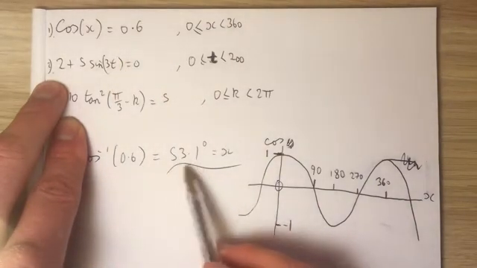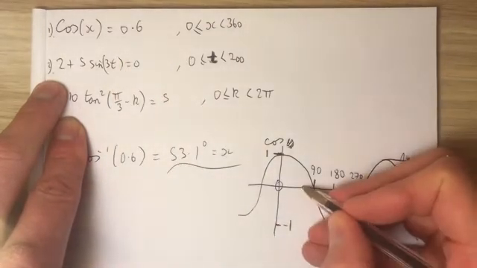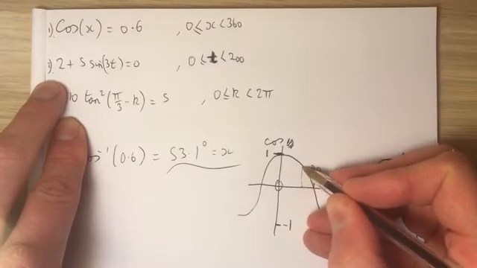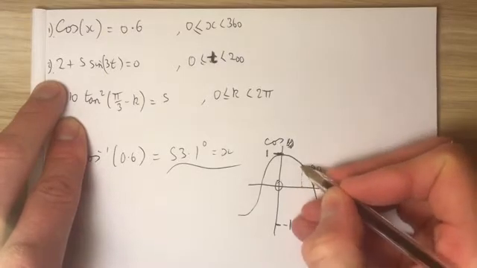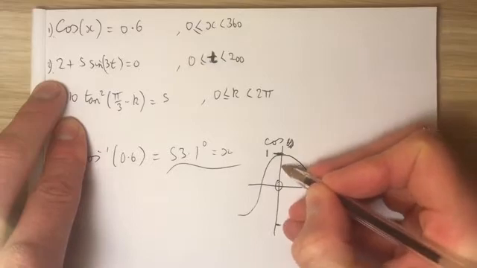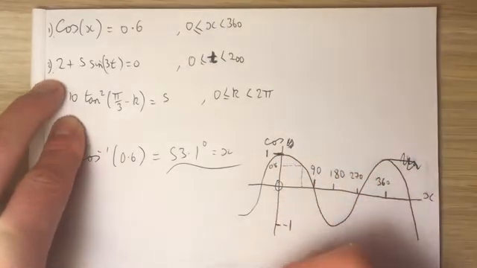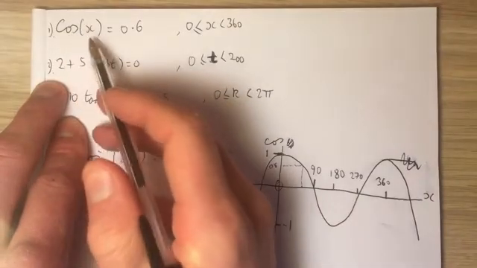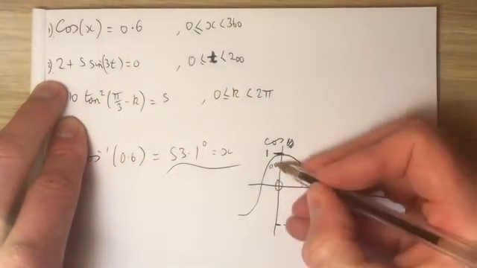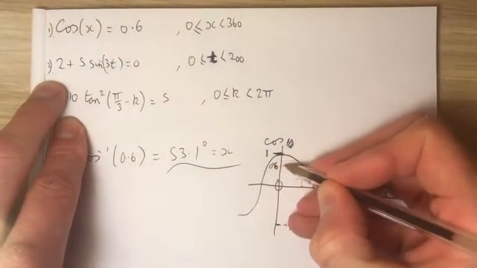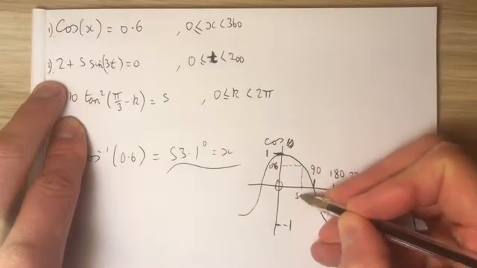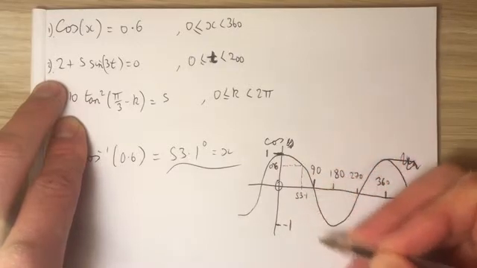So for example, 53.1, that's sort of here-ish, somewhere there. If you put in 53.1, you get the answer here, 0.6. If you like, y equals cos x hits the level of 0.6 in the question here at precisely 53.1 and a bit degrees.